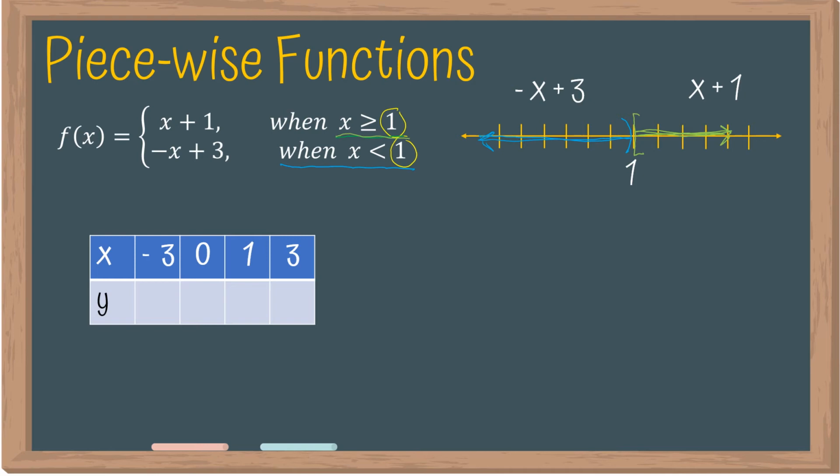So let us have these values. For example, with the first one, we're going to identify our function if x is equal to -3. So that's our first one. So we have -3. So let us complete our number line.